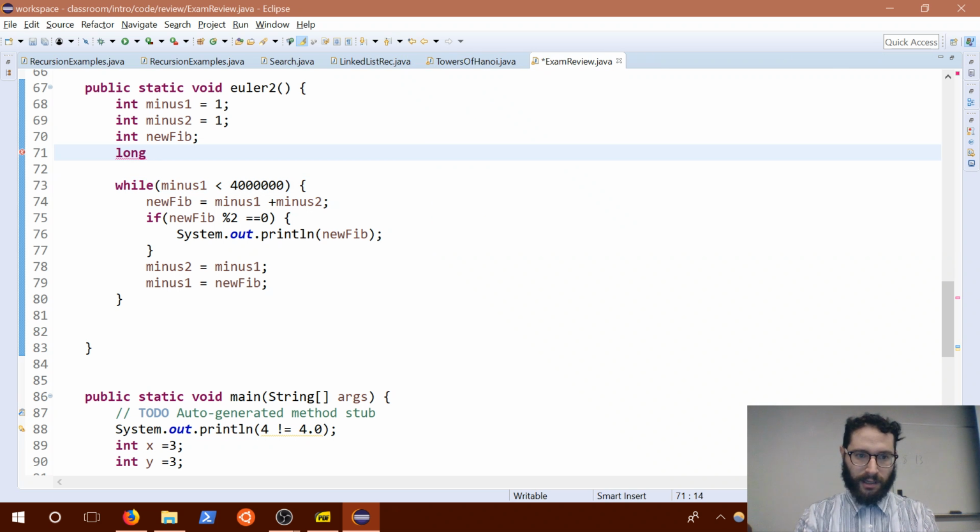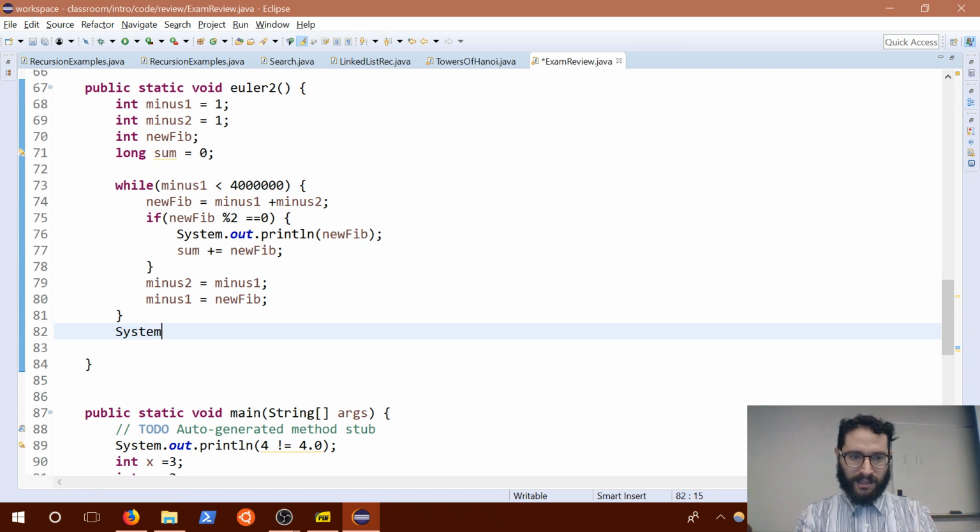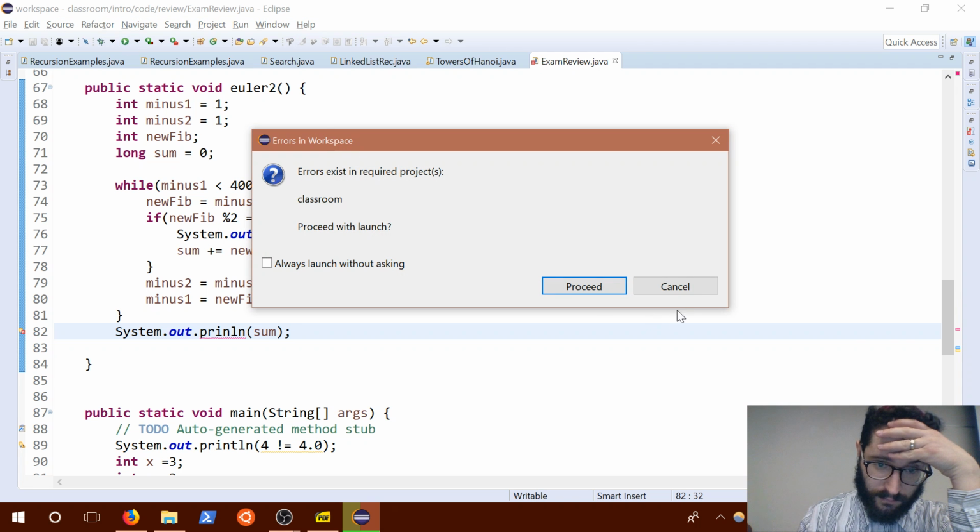So long sum is equal to 0. Then we add in the sum over here. Sum plus equals, well, not 0, the new fib number. Then system.out.println and run.